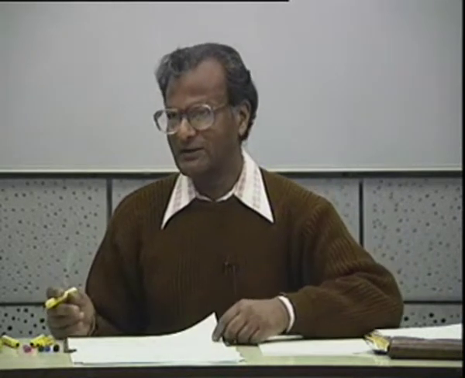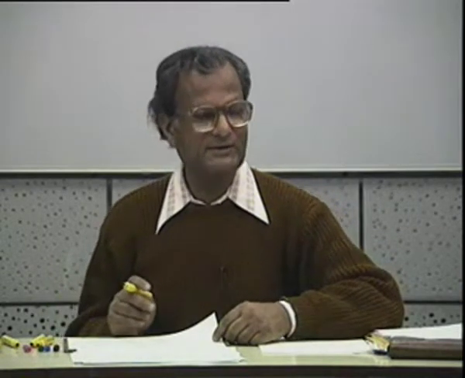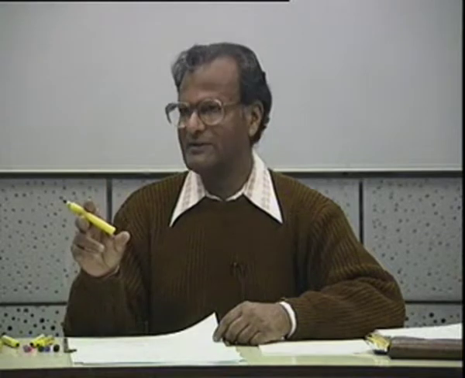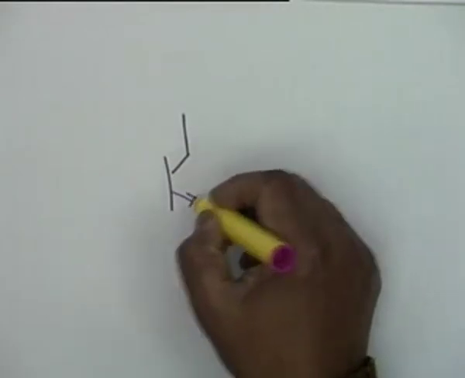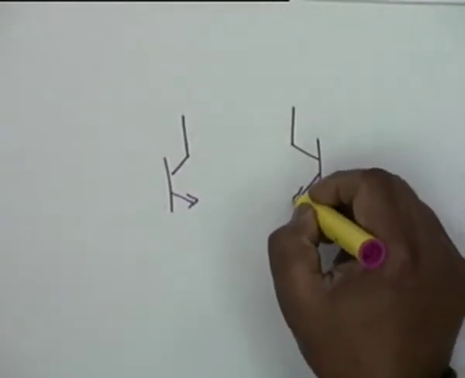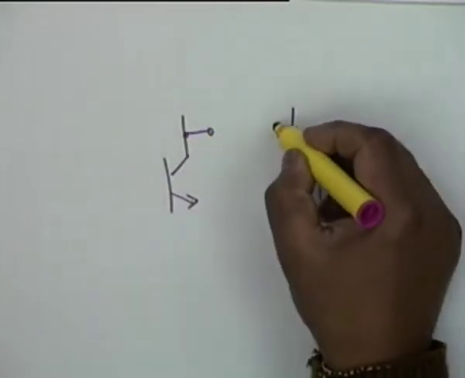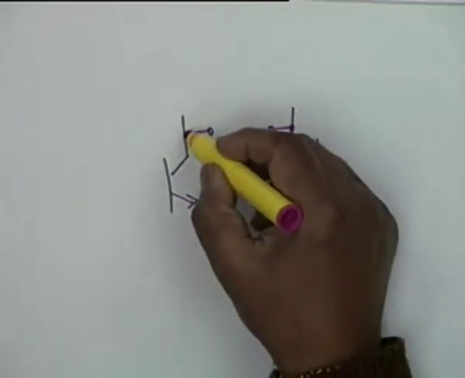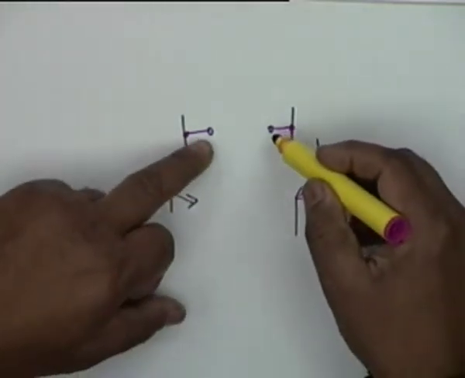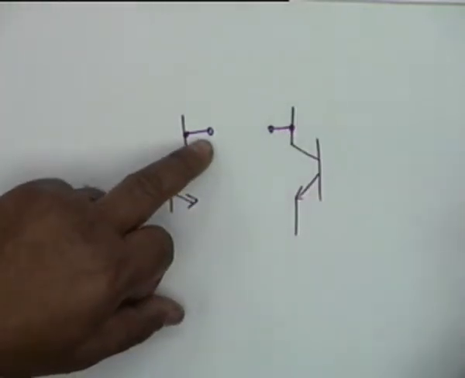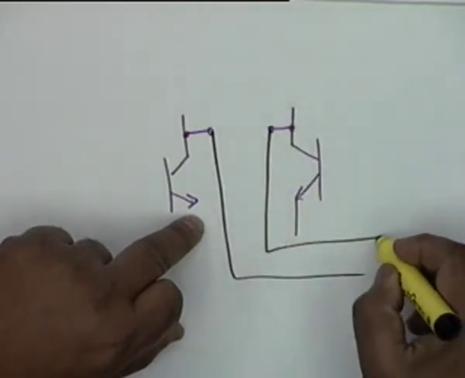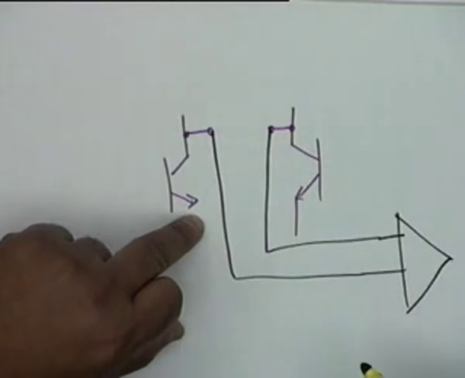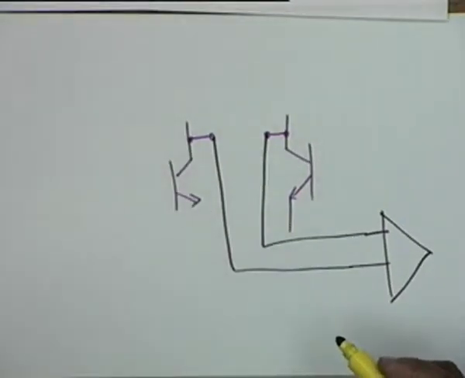That means if the two bases are at identical voltages, the two collectors shall be at identical voltages, and these collectors, if you recall, are our output points, and there is no reason why these two cannot be applied to the next stage of the differential amplifier without any DC offset.